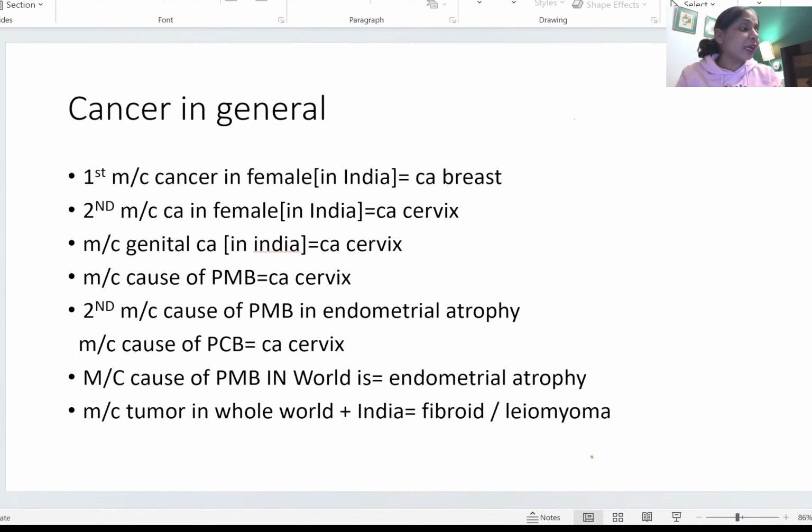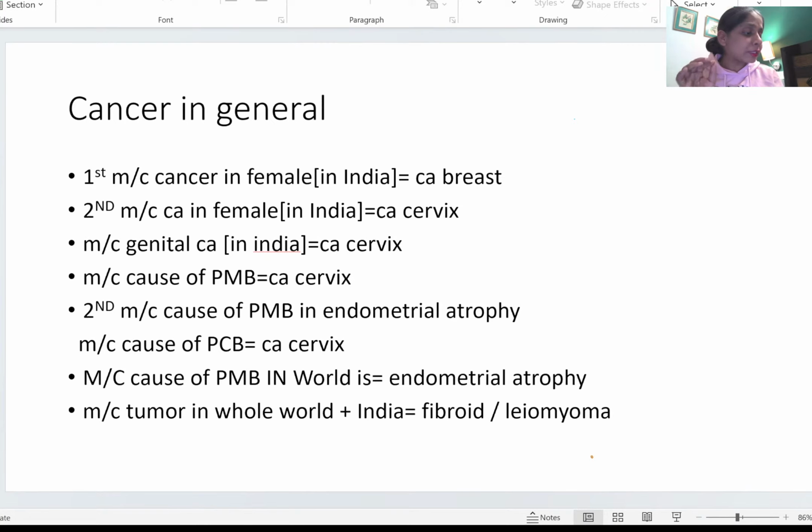Here we are asking the tumor. This was a question in December 20: which of the following tumors has highest incidence? So the word tumor was there. No, Isra, it is not CA breast. We are talking tumor. It is fibroid or leiomyoma.